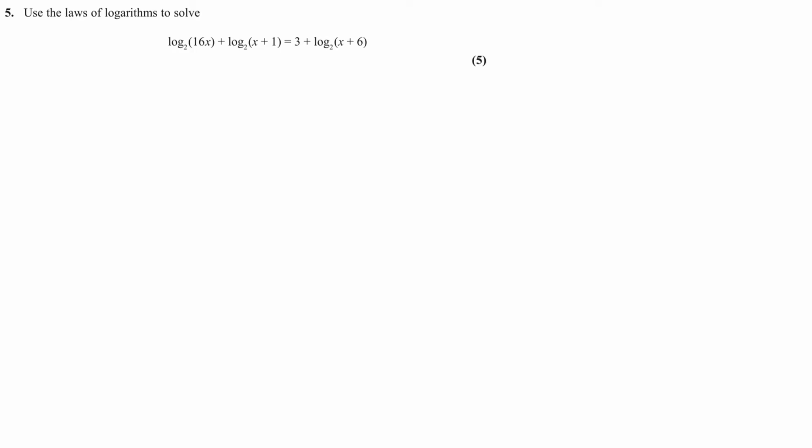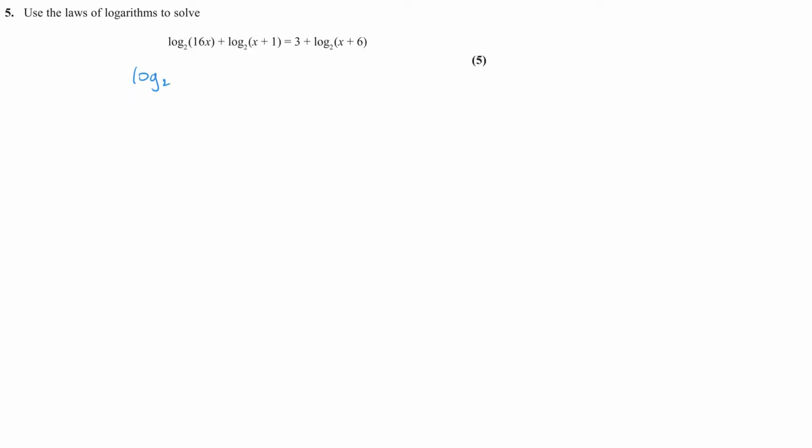Now logs. Again, usually when you get to logs, there's usually a few ways of doing this. What I like to do in questions like this is, you can see this log to the base 2, log to the base 2, log to the base 2, and that's just a constant. I like to make them all the same.